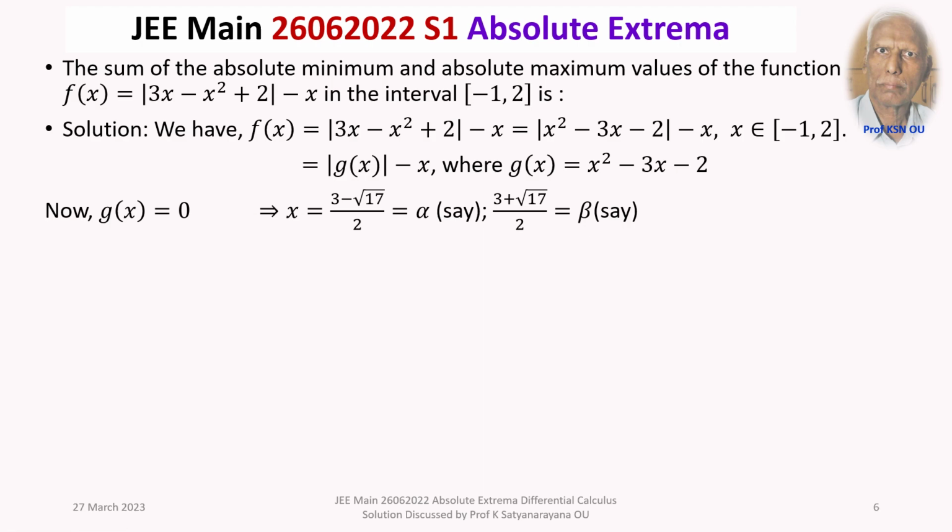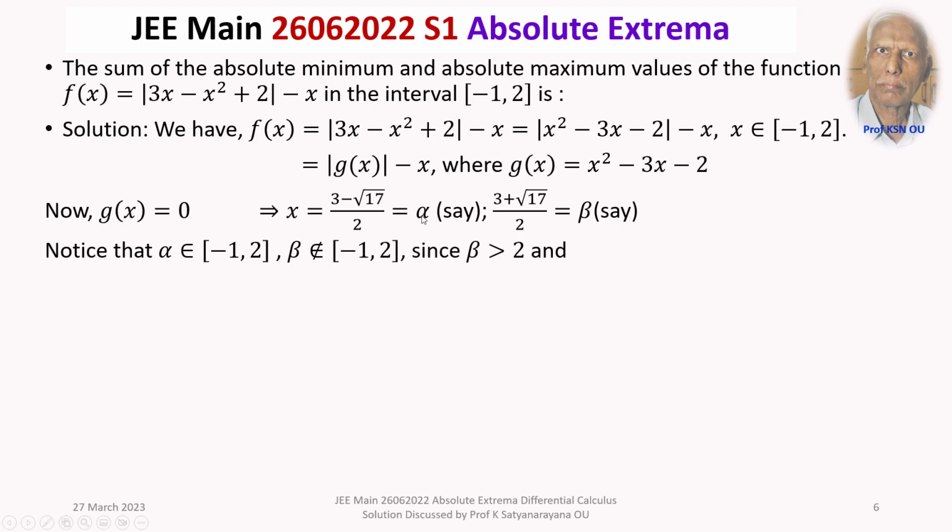Now, notice that the value of alpha is less than 2, but it is negative. Therefore, alpha belongs to the closed interval minus 1 to 2, and beta is in fact greater than 3.